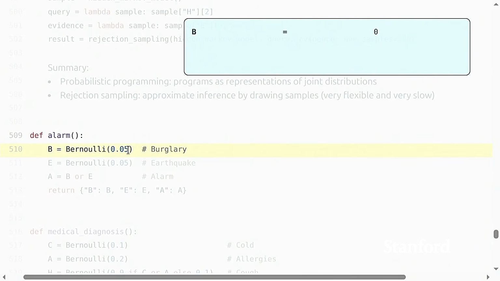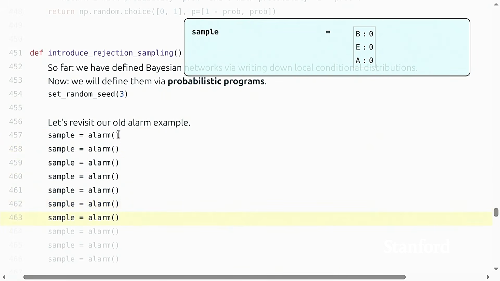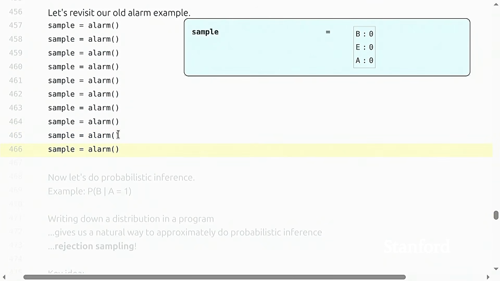This is backed by np.random. Then I set earthquake E to be the same, so this is a random function. I set A equal to B or E, and I return the assignment. If I sample again, I might not get anything other than 0, 0, 0, because remember the probability is 0.05, so it's pretty low. But okay, so that's it.